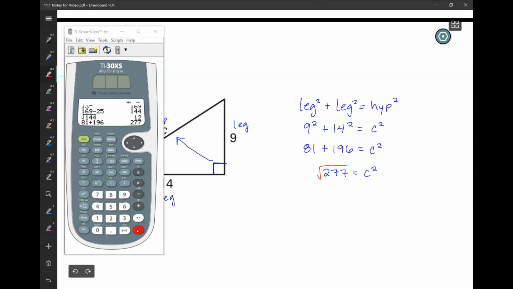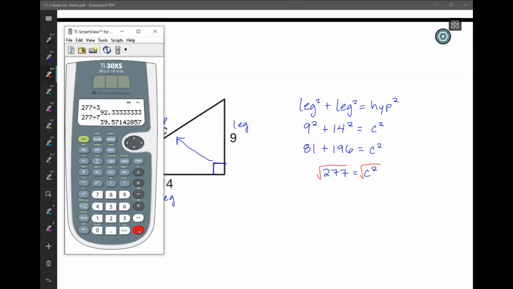So I need to take the square root of that, and I want to think about whether the square root of 277 simplifies. Is there anything I know that 277 can be divided by? Well, 2 doesn't go into it because it's not an even number. 3 doesn't go into it. 5 doesn't go into it because it doesn't end with a 5 or a 0.